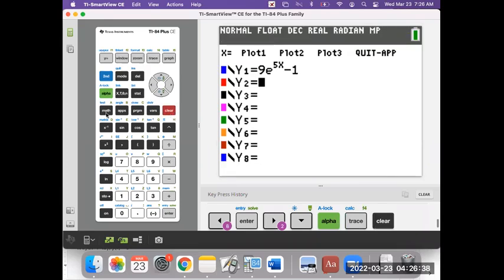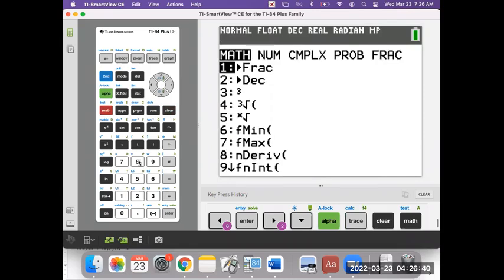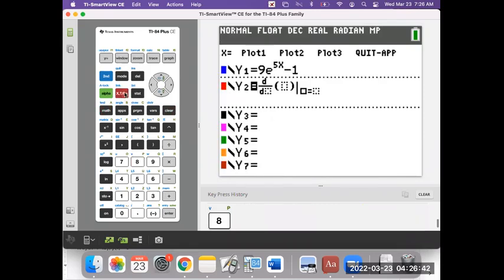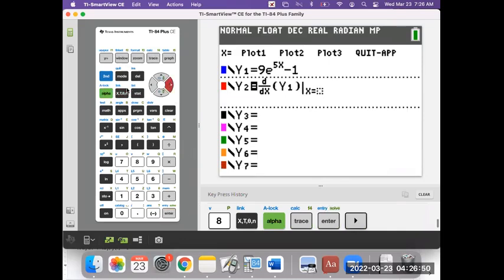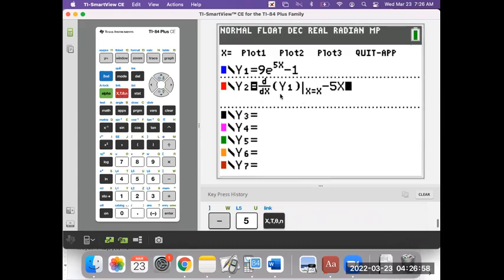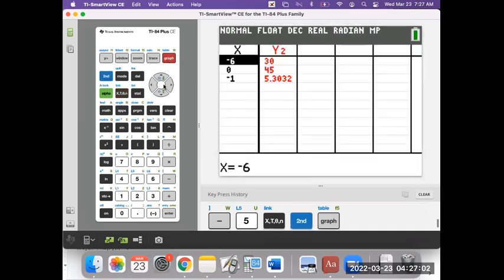Oh, actually, I want to do the derivative of that. So nDeriv. Oh, yeah. y1 prime minus 5x. I should end up getting 5 as a result for every single one of those.